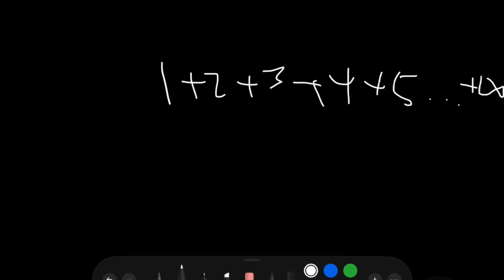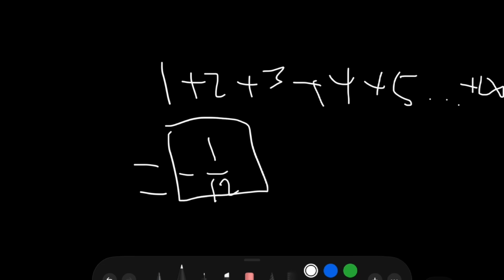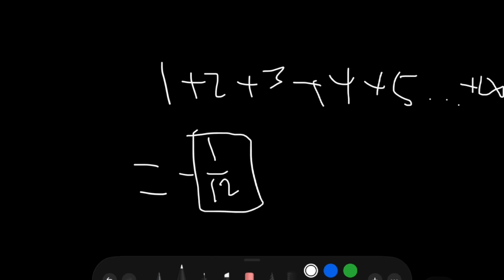And you might go, well, obviously it's infinity, but that's not the right answer. It's actually -1/12. And you might go, how can adding a positive number be a negative number? And how can adding natural numbers or even integers lead you to a fraction?